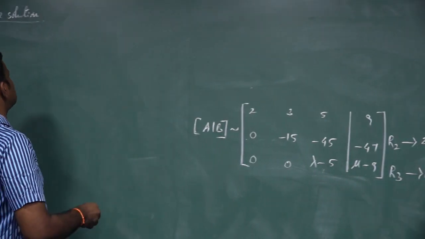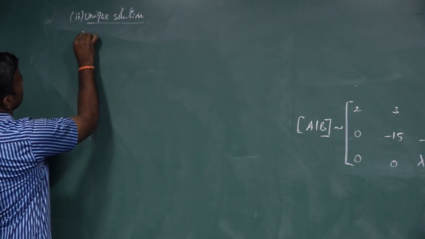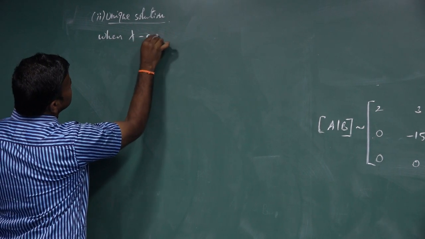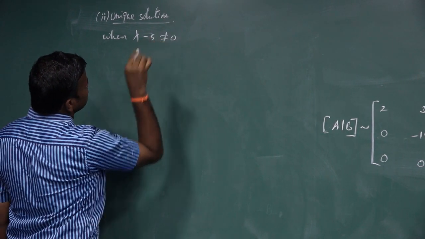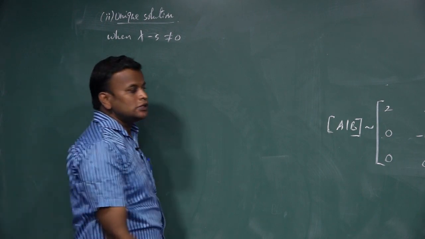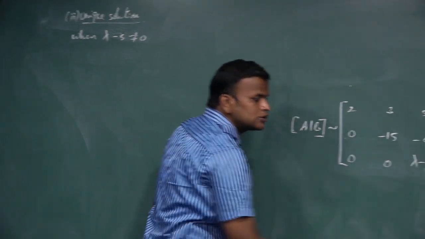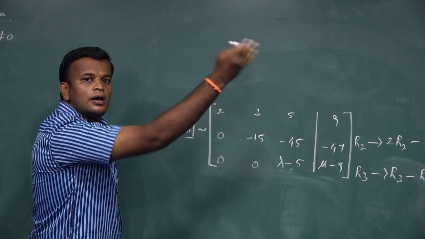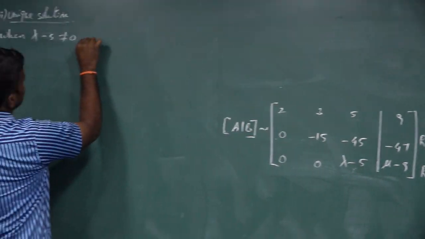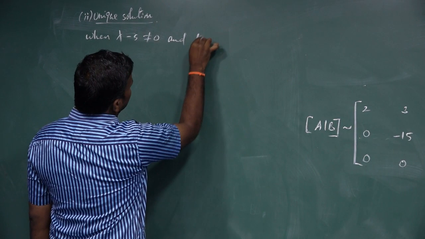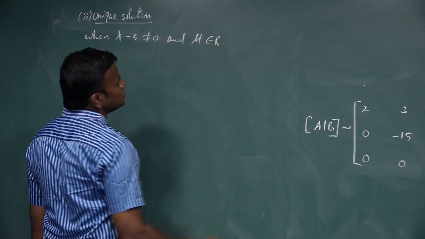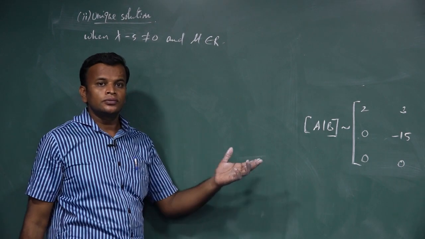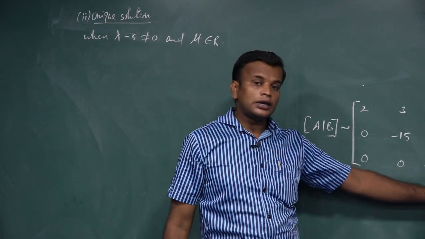So the system has a unique solution when the value of lambda minus 5 is not equal to 0. So this element is not equal to 0, and whatever the other element may be, it may be 0 or non-zero, and nu belongs to R. That is, we put any real number for nu.